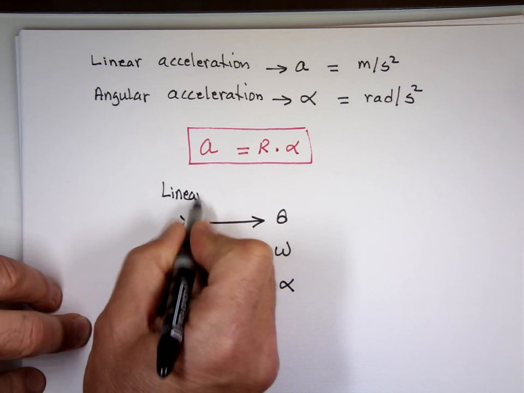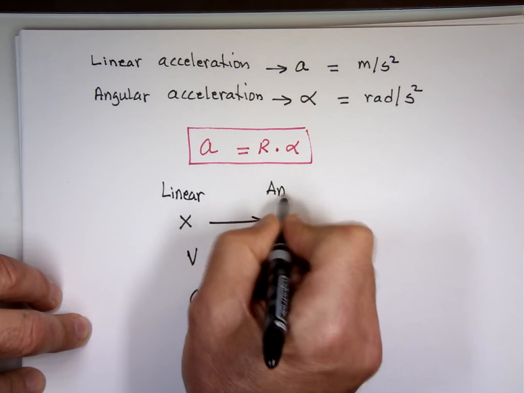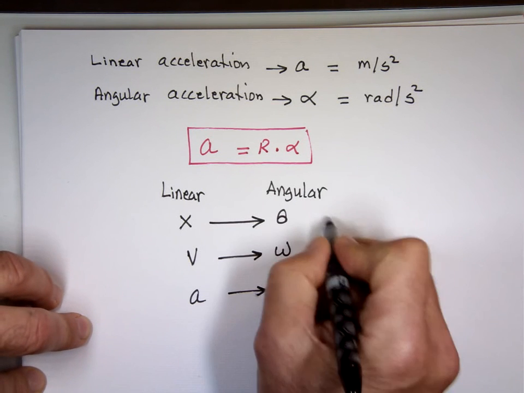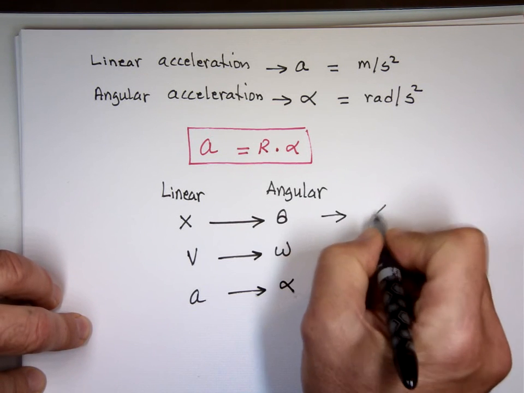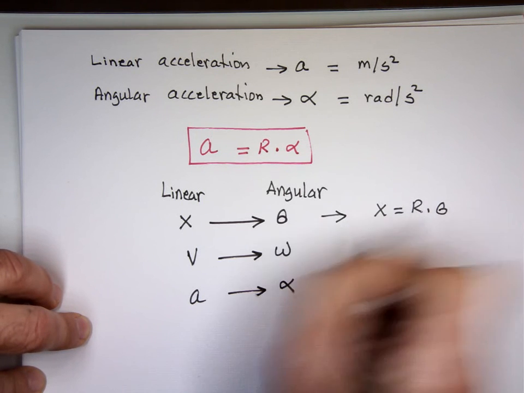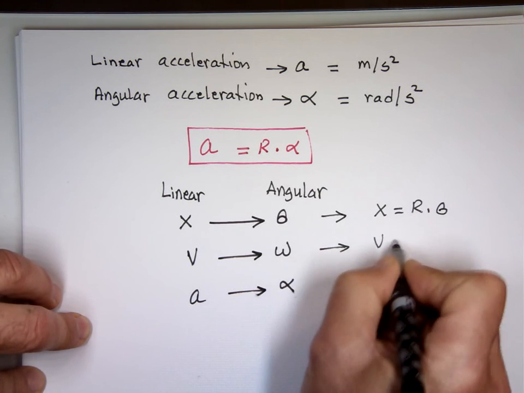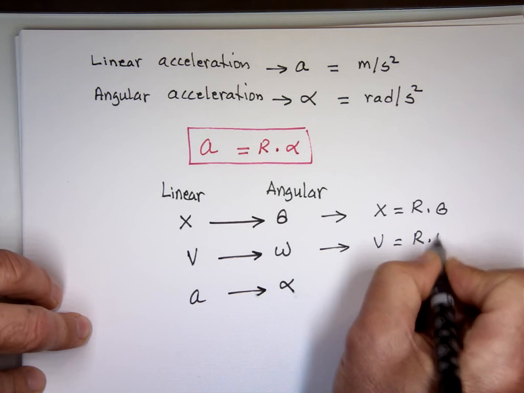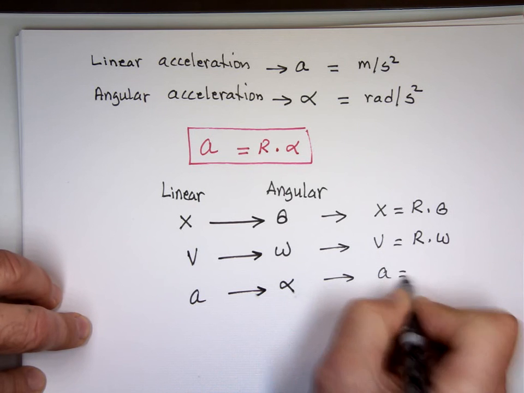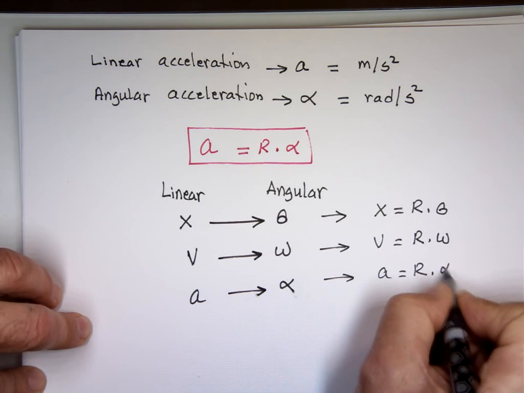This is the angular. And every one of them is related to the other one. X equals r times theta. V equals r times W. A equals r times alpha. That's really the summary of this section.